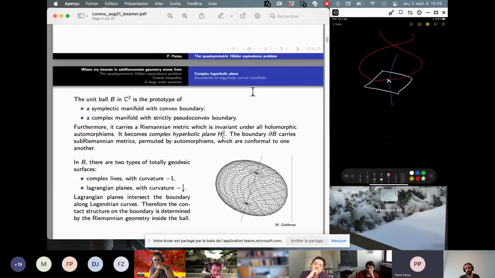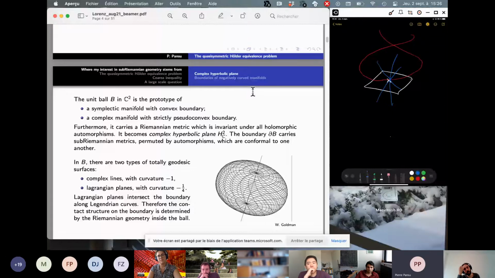Now there is more than one geodesic converging to that boundary point, and so more than one chain, a boundary of a complex line. And what do they look like? They form a bunch of transverse curves, and their initial speed, their tangent at that point, will fill in all transverse directions.